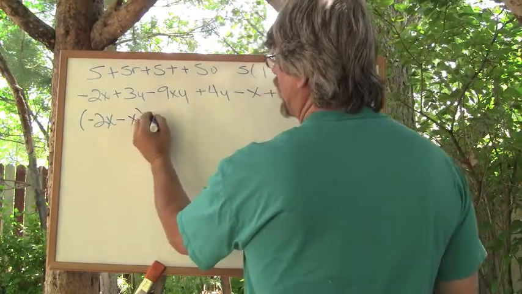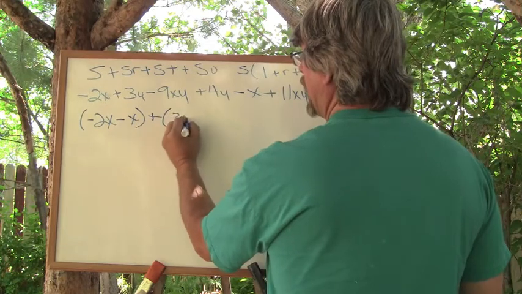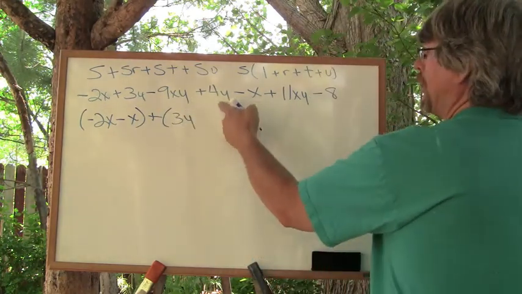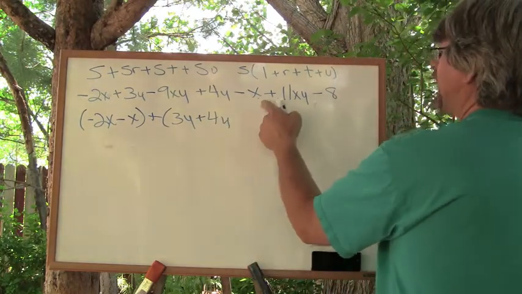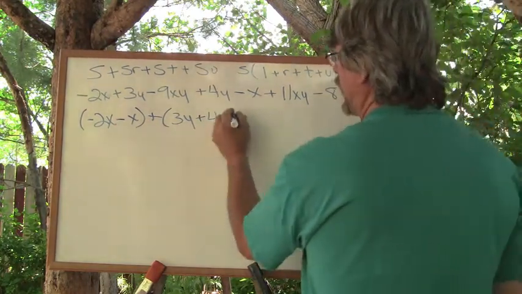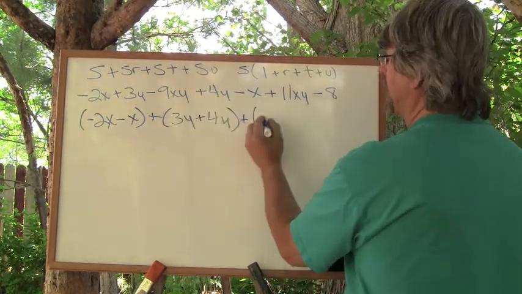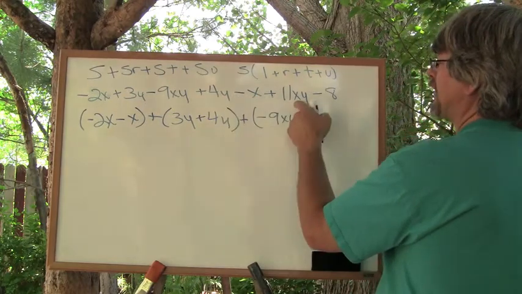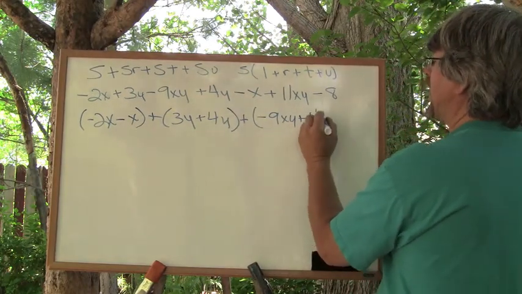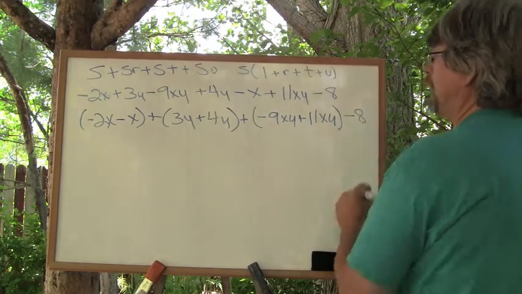So there's one term. Let's put the y's together. 3y, there's an xy, oh, there's a 4y right there, plus 4y, there's an x, and there's an xy, and an 8. So the y's are together. And now let's put together the xy's. A negative 9xy, yx, xy, plus 11xy, and then we can't forget the minus 8.